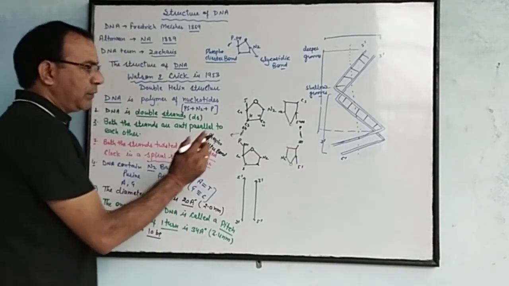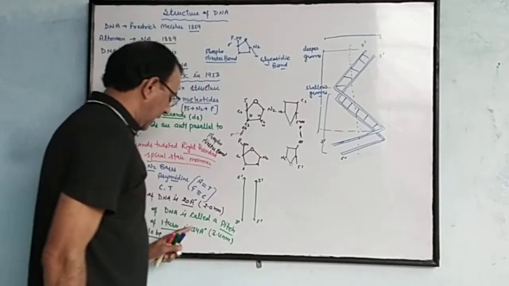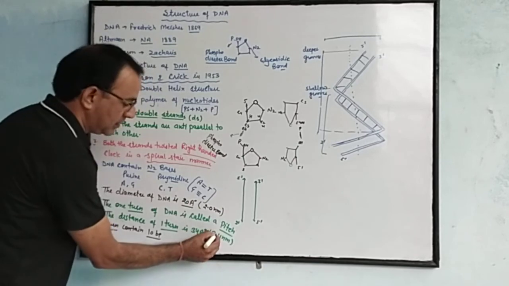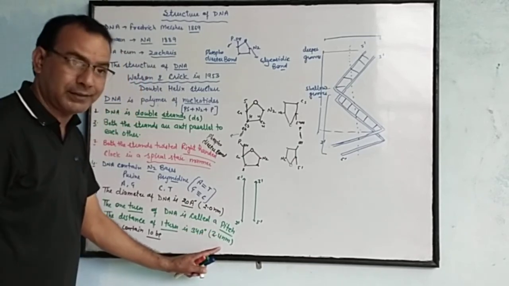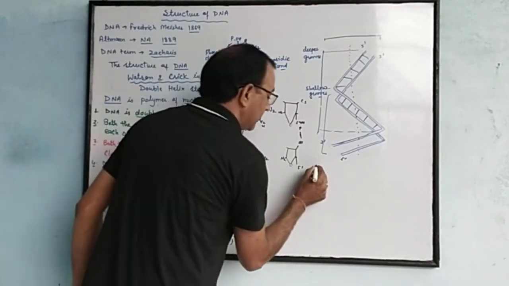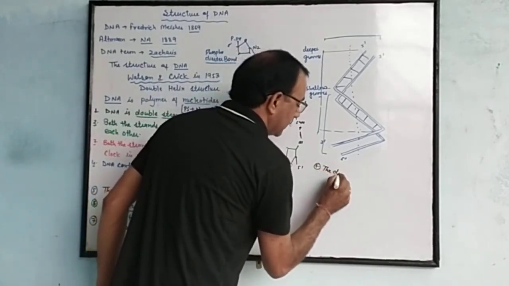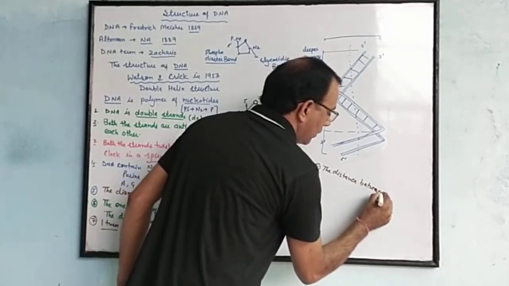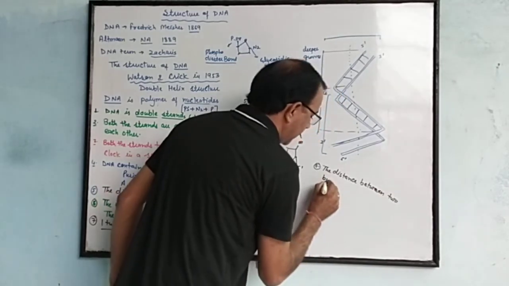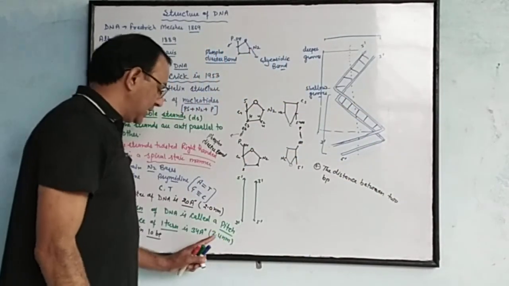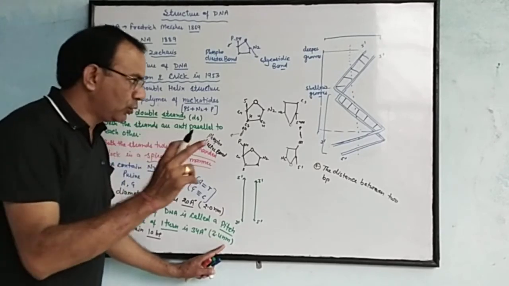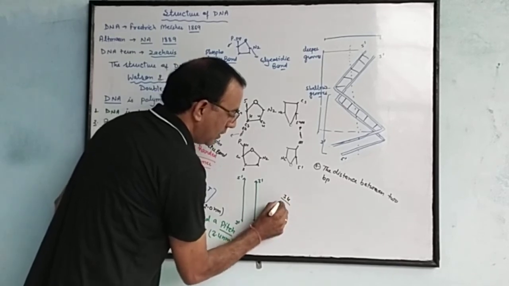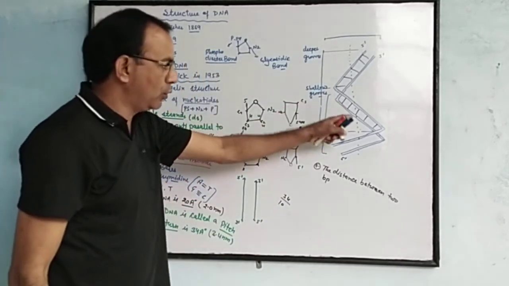So the distance between two consecutive base pairs: if one turn contains 34 angstrom, that means 3.4 nanometer, the length of one turn. The next point is the distance between two base pairs. What is the distance between base pairs? One turn is 3.4 nanometer, divided by 10, that means 34 divided by 10. How do we calculate the distance between two consecutive base pairs?